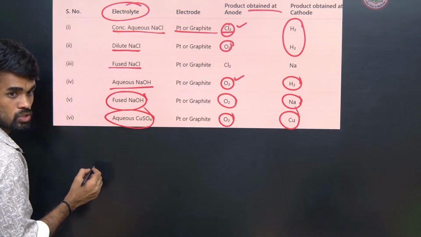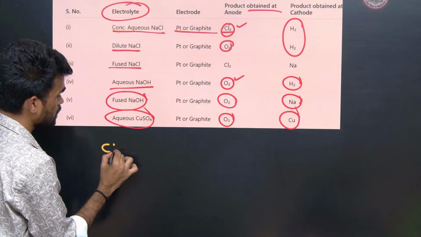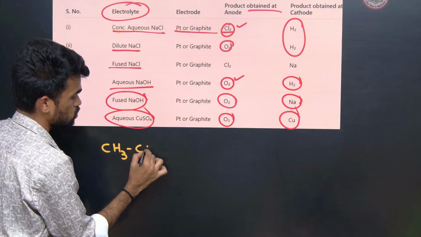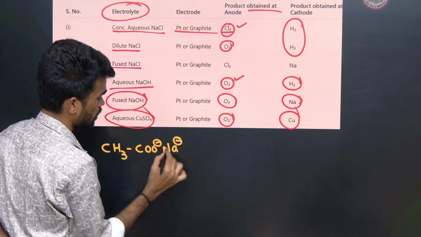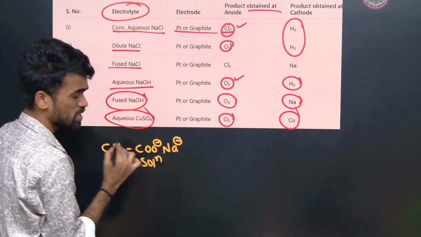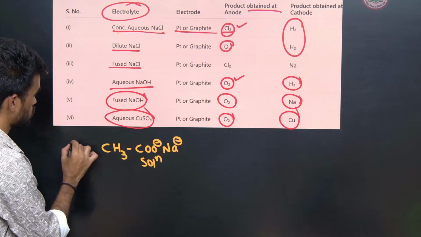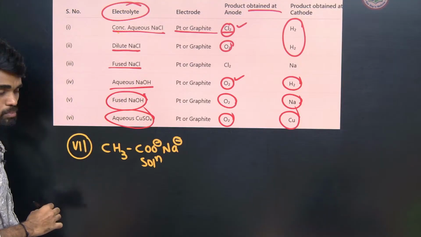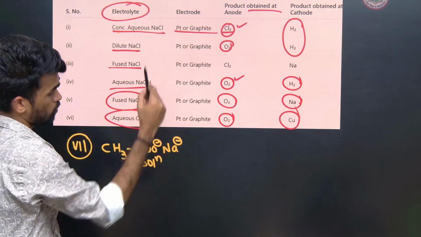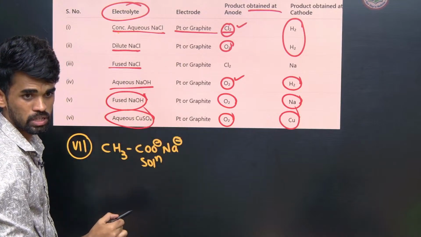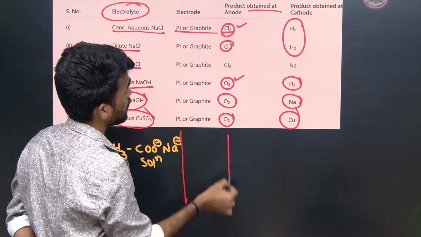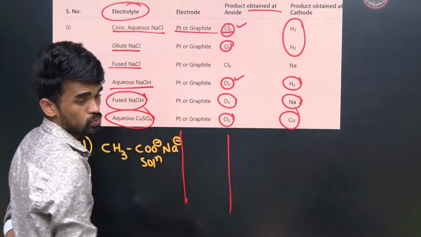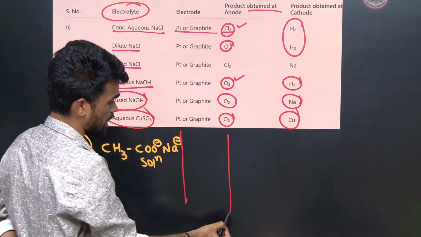So Kolbe's electrolysis method means I am taking sodium acetate solution. Solution means this is an aqueous solution now. So write it as the seventh example. Now tell me, electrode is inert electrode only. So what is the product formed here, at anode and at cathode? So what happens at anode, what happens at cathode?